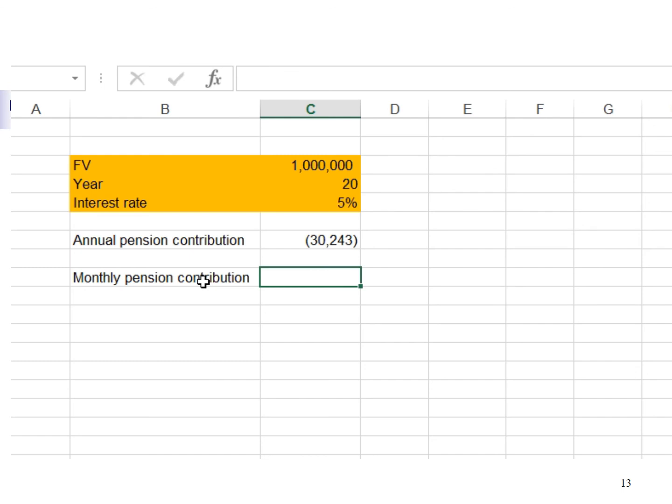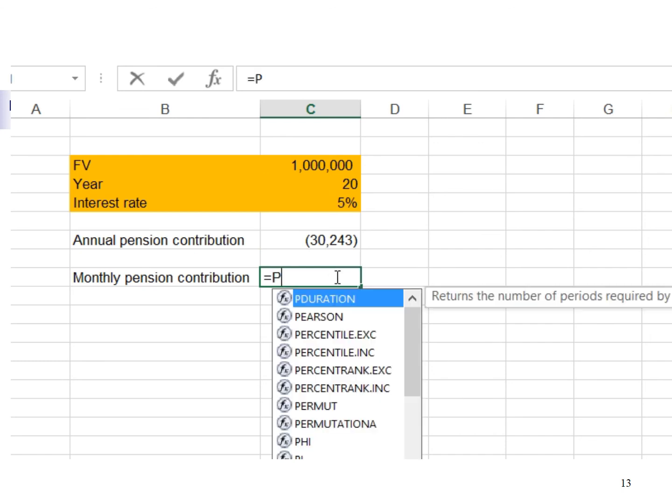Take note that for monthly compounding, we have to divide the interest rate by 12 and increase the time period by multiplying 12. We adjust the time period by multiplying 12 because in 20 years there are 240 months. Let's start.